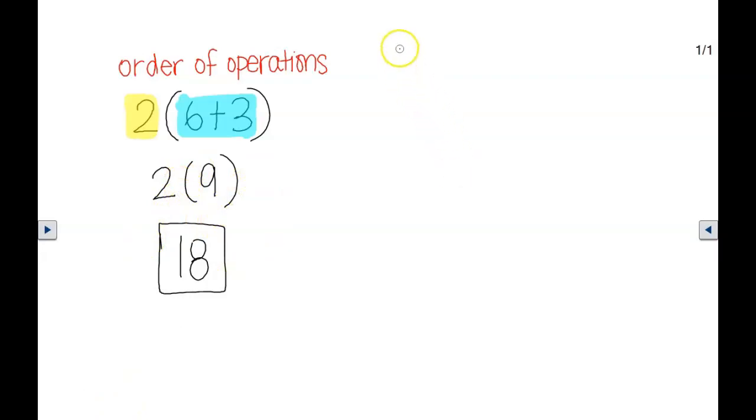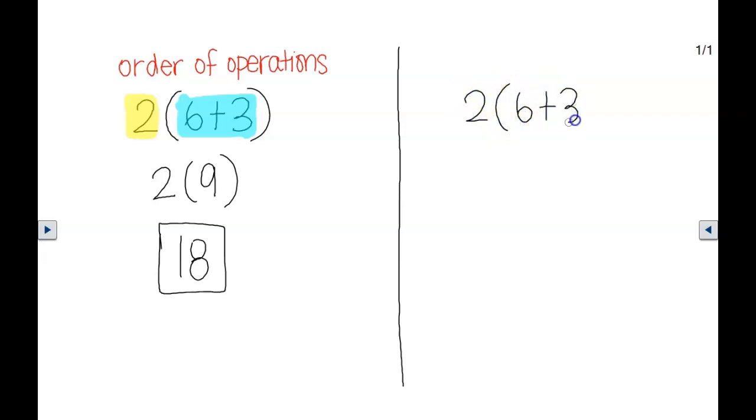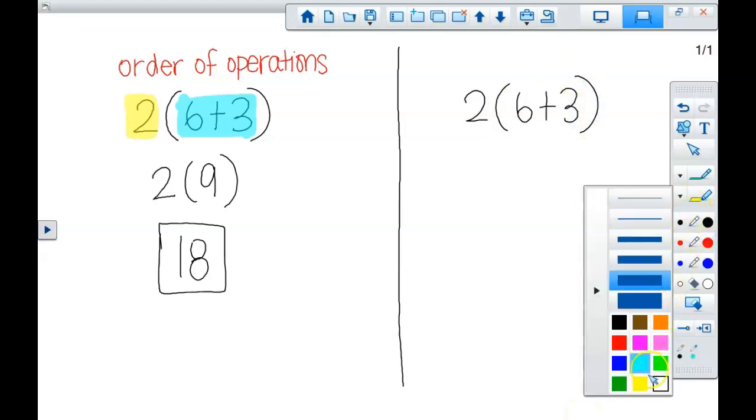Now, what I want to do today is show you an alternative way to do this problem. Another way that we could take this problem and get to the same answer. So I'm going to write this problem down again. Notice, exactly the same problem.